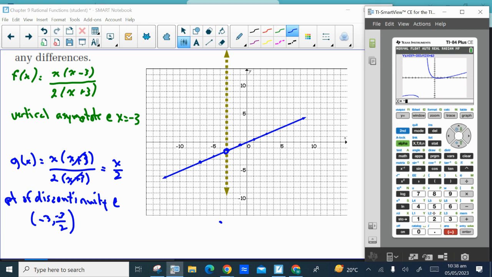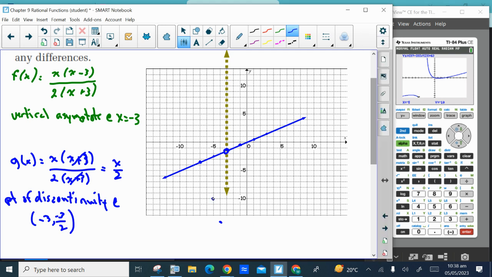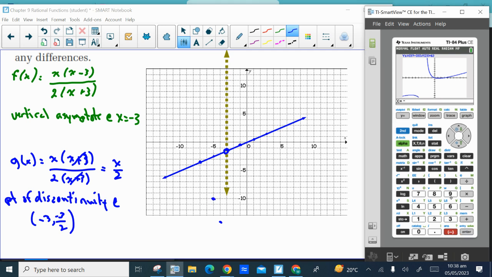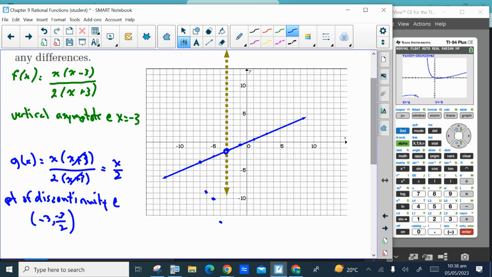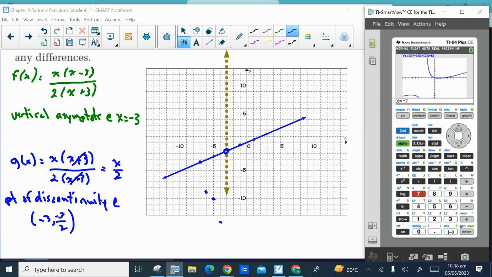Letting x equal -5, we'll get -10. -6, we'll get -9. -7, we'll get negative 8.75.